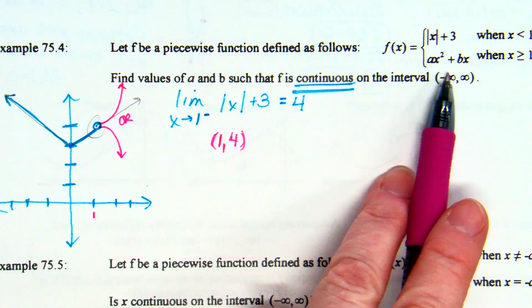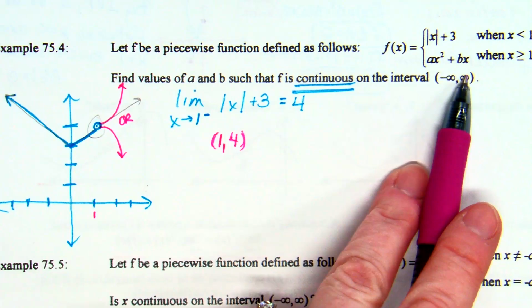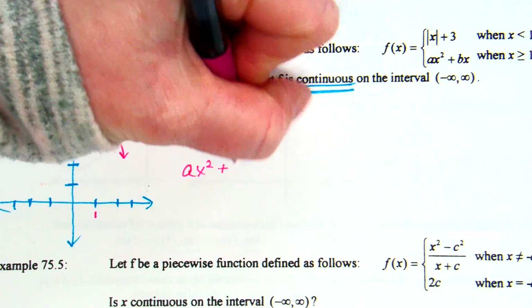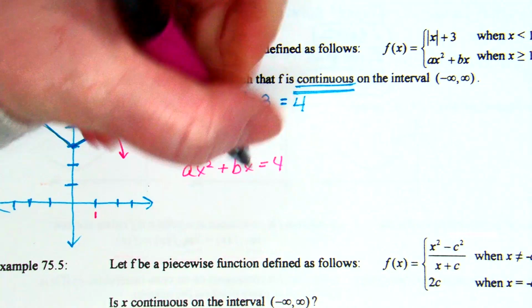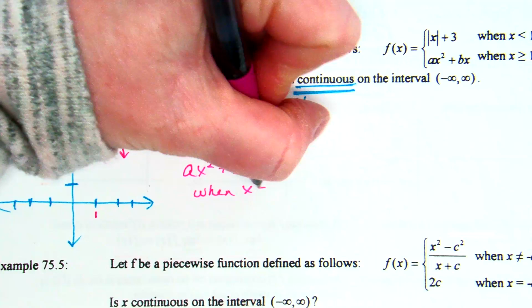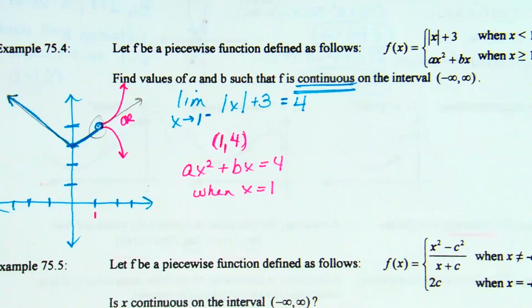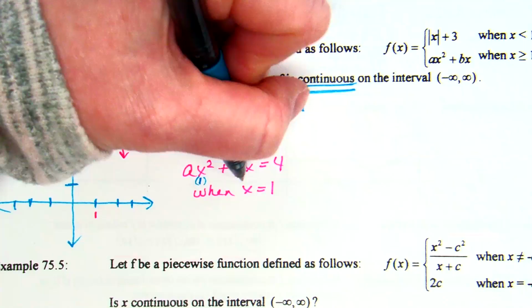So that means, what does ax squared plus bx have to equal at that point? 4. We know ax squared plus bx has to equal 4 when what is true? When x equals 1. In other words, when you have that ordered pair 1, 4, we know that has to be true.